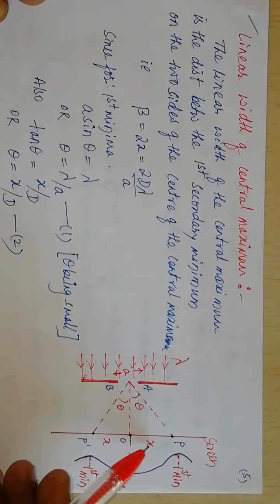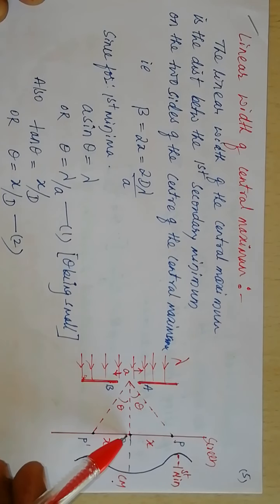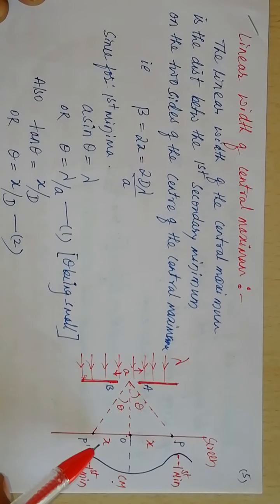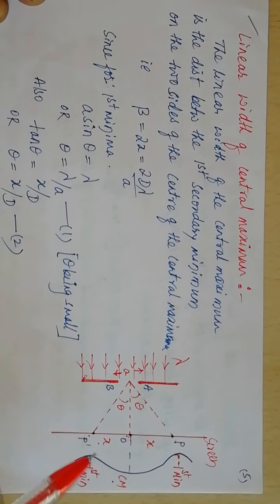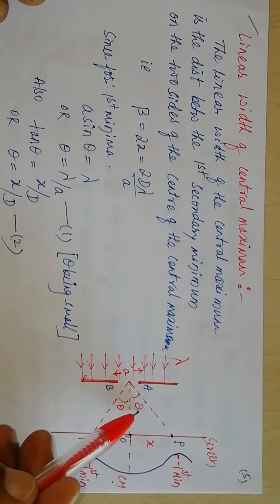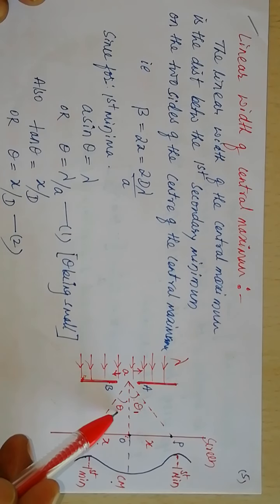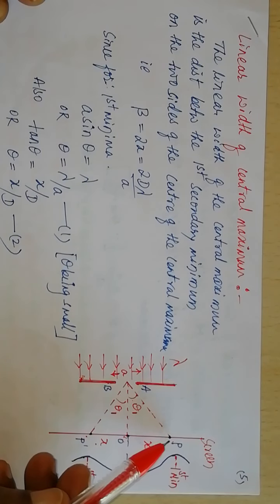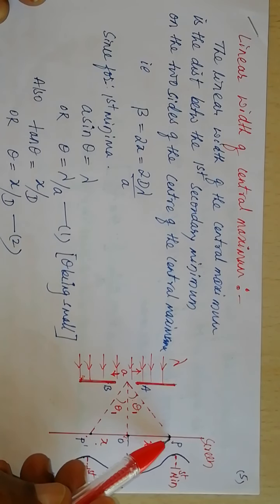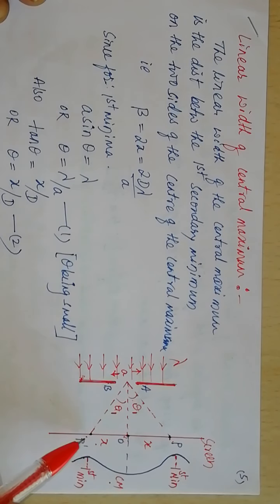x is the linear distance of the first minima from the center of the screen, and this x is the linear distance of the first minima from the center of the screen on the other side, where theta 1 is the angular position of the first minima on one side, and theta 1 is the angular position of the first minimum on the other side.